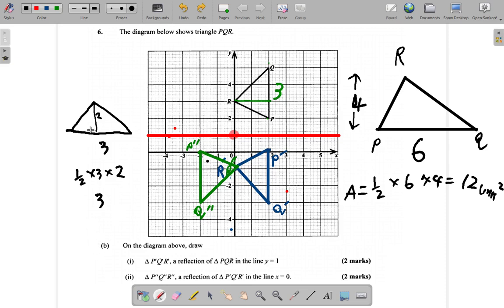So you could calculate the area of this triangle without enlarging it, you get 3 square units, then multiply that 3 by 2 squared, which is 4, to get the 12 square units. Or as I did, I doubled the sides and then just calculated the area. Whichever way you want to do it, it's up to you.